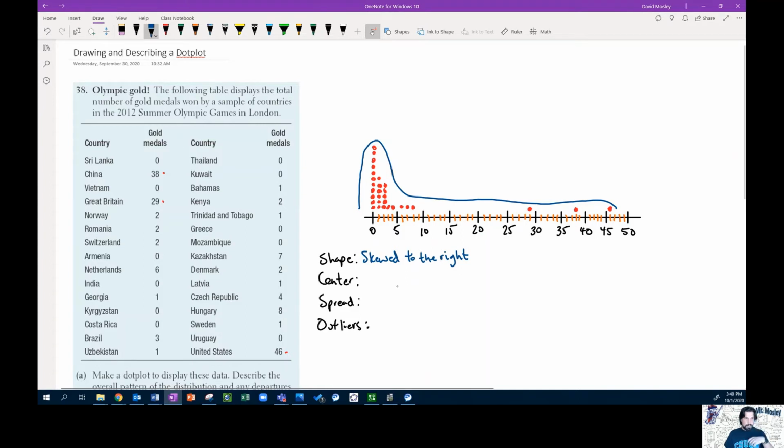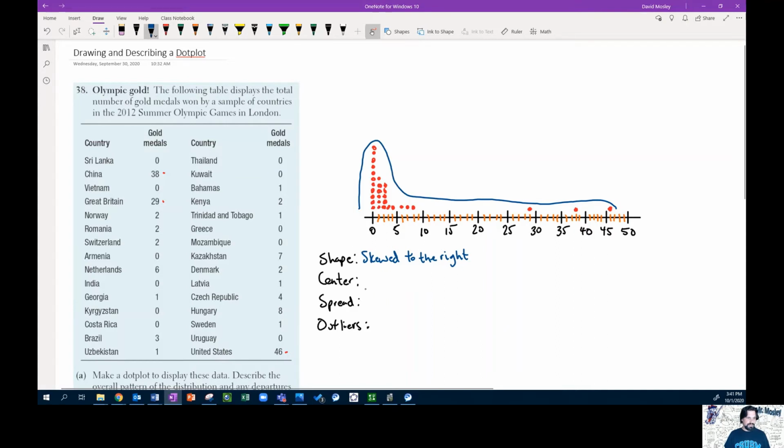The center. I'm going to use the median essentially for the center of this, and the center is going to fall between the 15th and 16th point because I have 30 points, 30 countries represented in the sample. If I count these real quick, I remember I had 11 zeros. 1, 2, 3, 4, 5, 6, 7, 8, 9, 10, 11, 12, 13, 14, 15, 16.